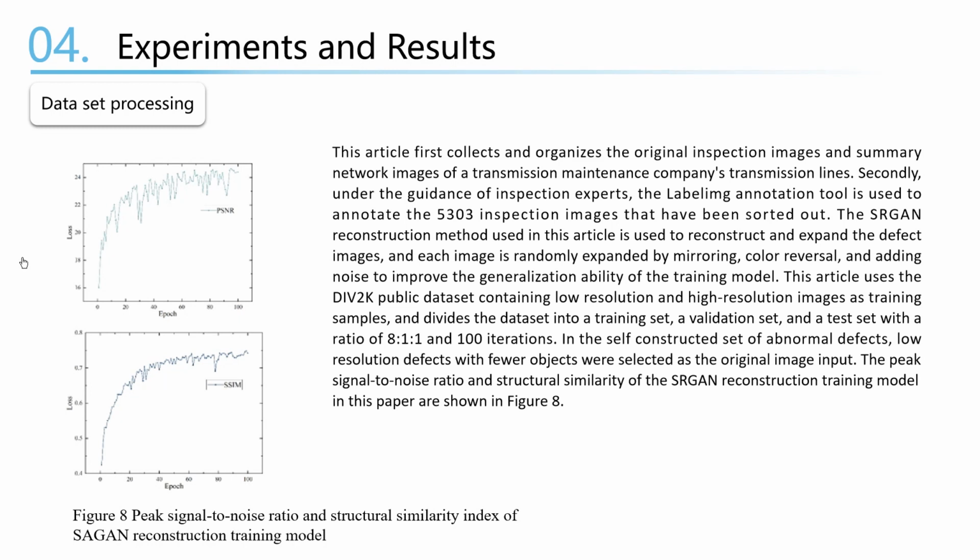In the self-constructed set of abnormal defects, low-resolution defects with fewer objects were selected as the original image input. The peak signal-to-noise ratio and the structural similarity of the SRGAN reconstruction training model in this paper are shown in Figure 8.